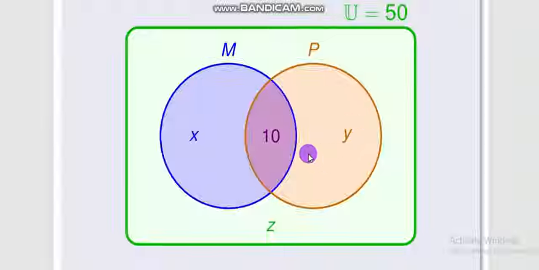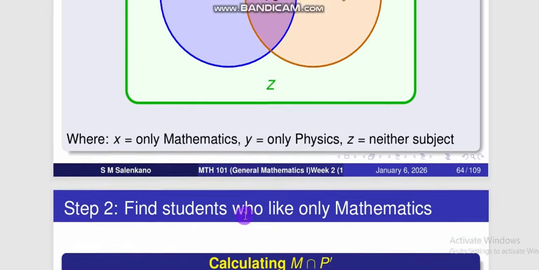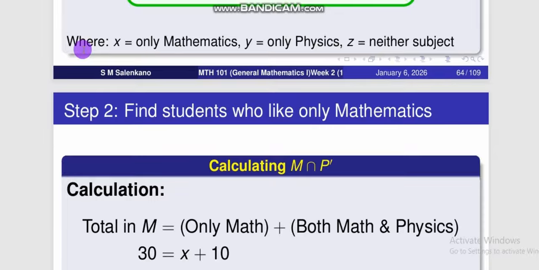We are going to find that. And we don't know those who like neither mathematics nor physics, outside region, right? We don't know that either, so we put Z, and we are going to find our X, Y, and Z. Okay, moving on, they say where X is only mathematics, Y is only physics, and Z is neither subject, right?